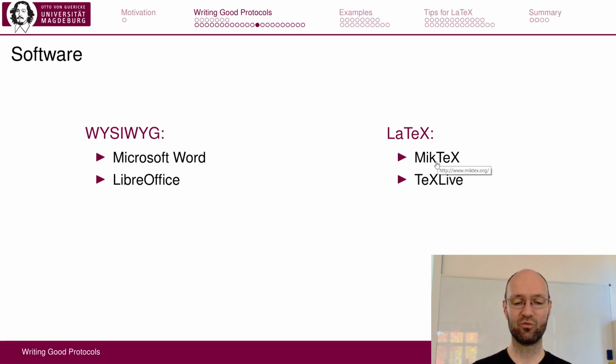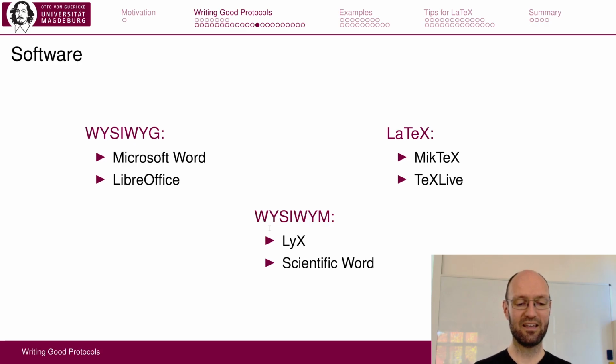On Windows, you would use MiKTeX. On Mac, you would use TeX Live. And then there is something in between, what-you-see-is-what-you-mean. And there has been Scientific Word, a LaTeX editor that is now maybe not that popular anymore.